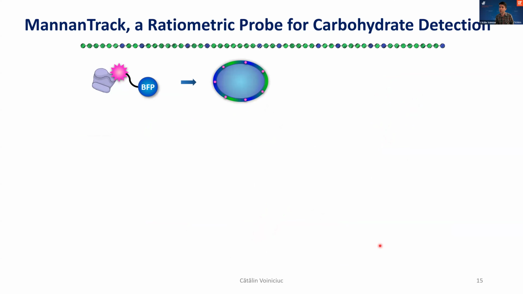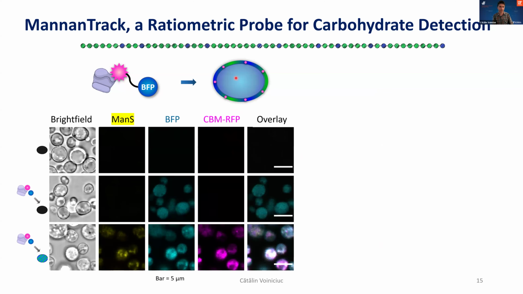We can make this into a more quantitative probe by adding a ratiometric aspect. So here we have a self-cleaving peptide that enables cytosolic blue fluorescent protein to be cleaved, or spliced, during the translation process and give us a kind of counter stain, so we know whether the cells actually have the probe.